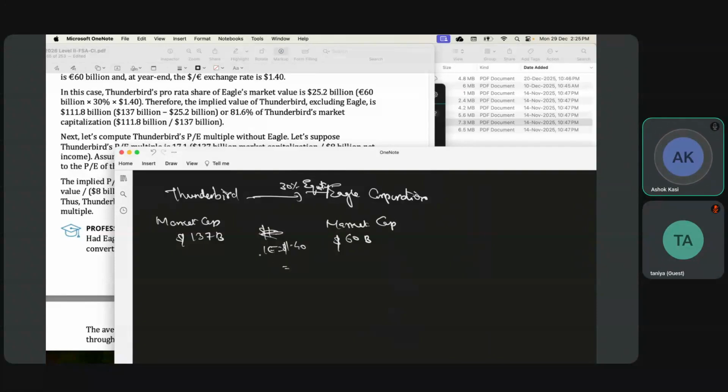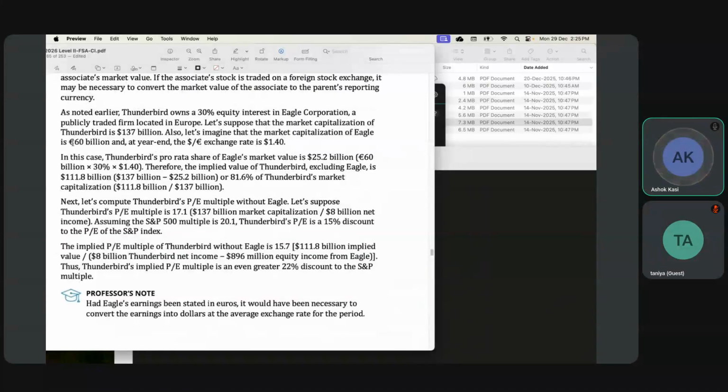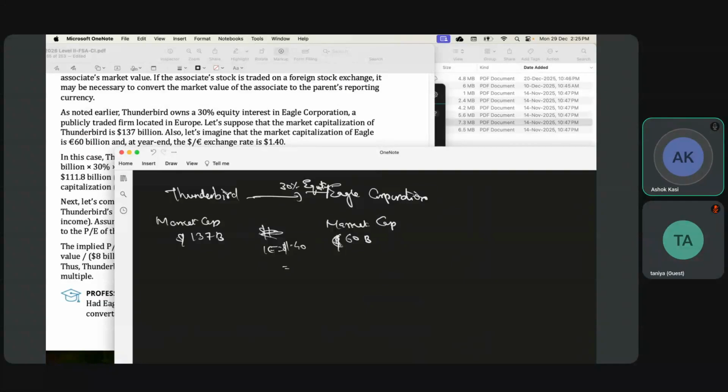So this is 60 billion euro. If I convert this 60 billion euro, multiply 60 into 1.40, it is 84.